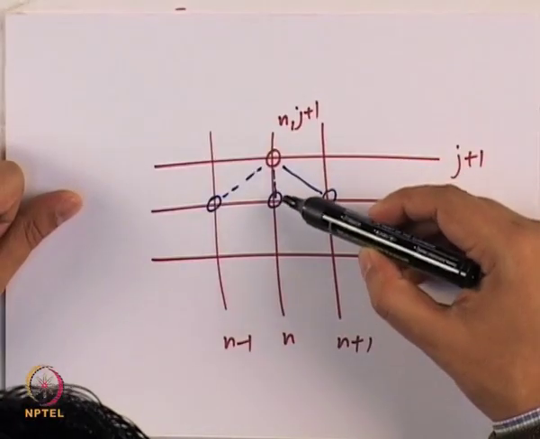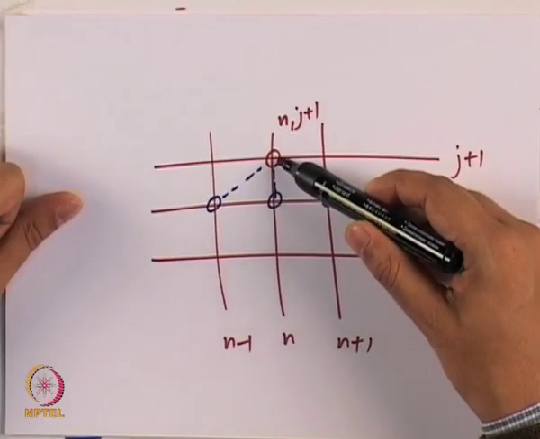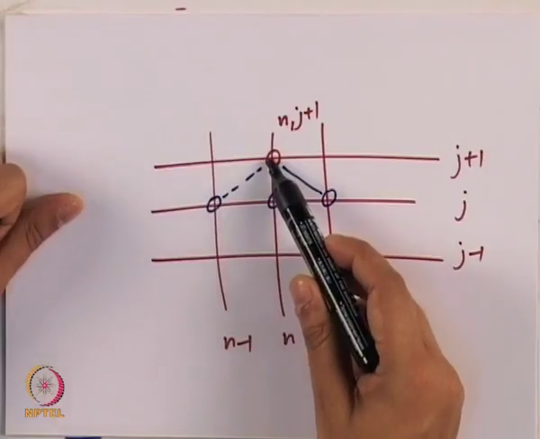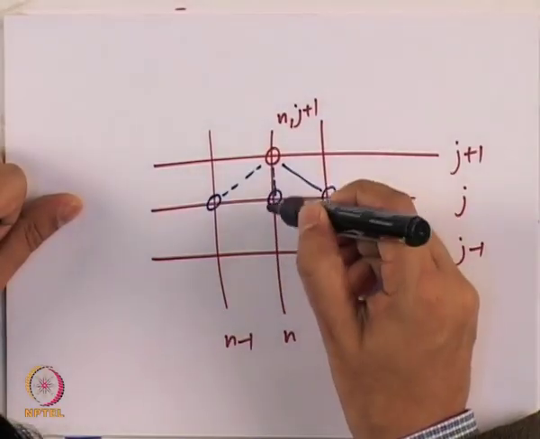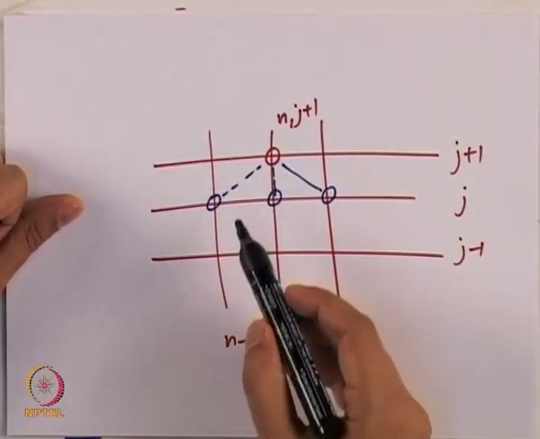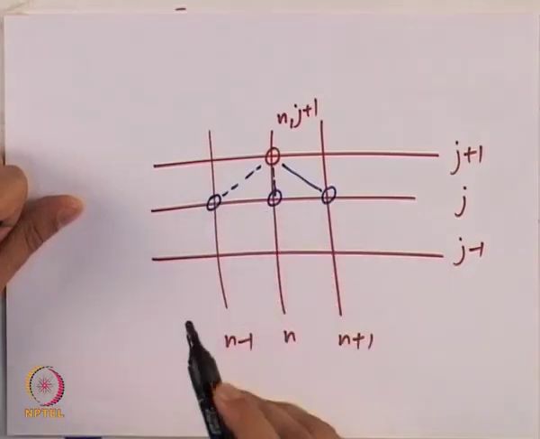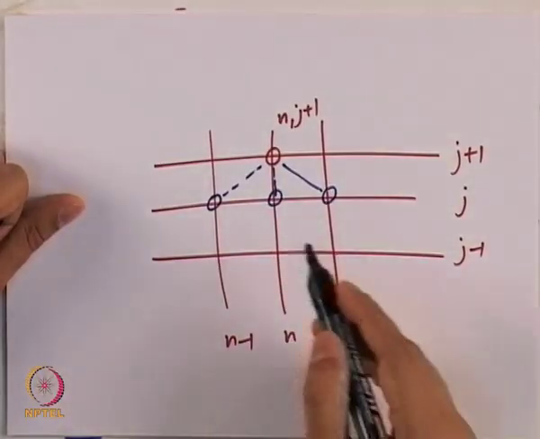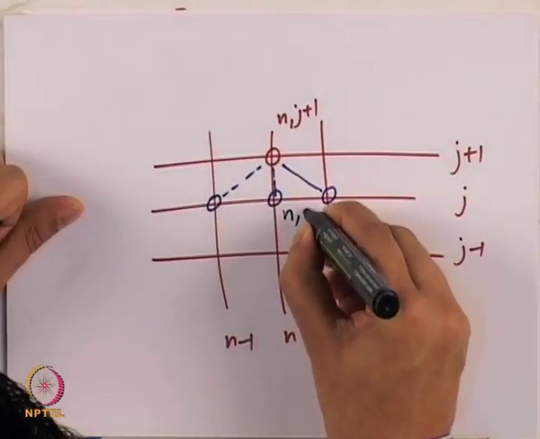Interestingly, the time needed for the solution to propagate from this point to this point is going to be shorter compared to the time that one solution needs from here to here. So the solution dependence at this point is going to be more critical for the stability rather than the solution propagation from this point or this point. That is why we are going to take the coefficient that we have in the equation for u of n comma j.